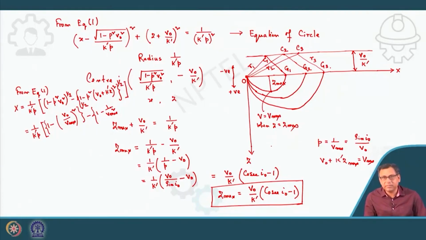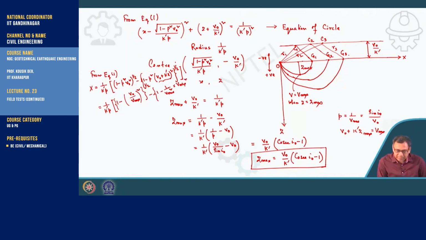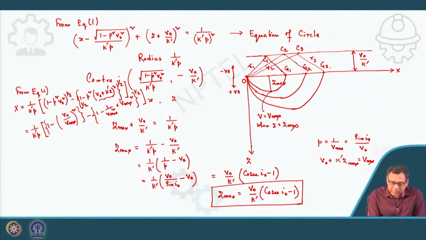Because at that point velocity is maximum. So if I put V0 plus K dash Z max, that will be V max. So basically 1 by P square is 1 by V max square, and this term, if I put Z max, will also be V max square. Okay, and this total is half in the third bracket. So basically this is 1 minus V max square by V max square. So this whole term will be 0.